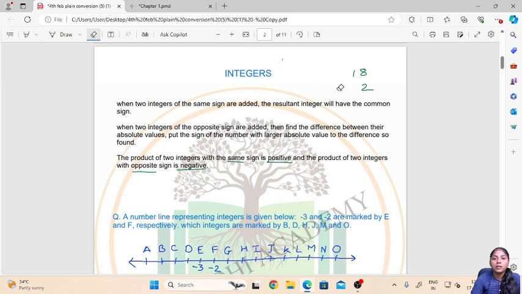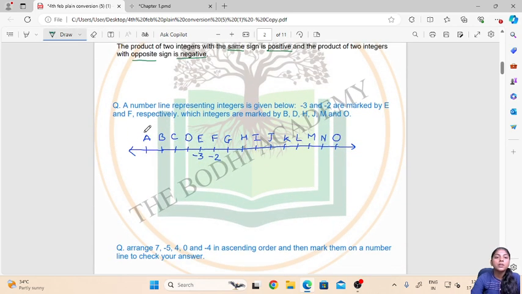Then let us do a simple exercise here. A number line representing integers is given below, and -3 and -2 are marked at E and F respectively. Which integers are marked by B, D, H, J, M and O?